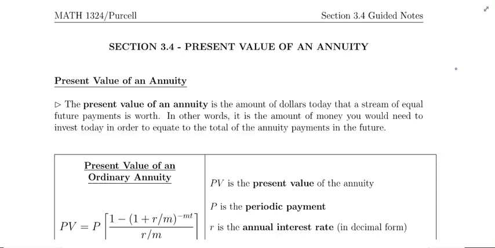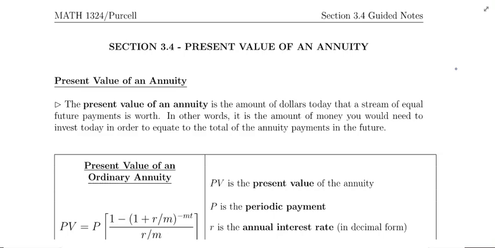In other words, it is the amount of money you would need to invest today in order to equate to the total of the annuity payments in the future. If you read through that, you may be totally confused. That is a very confusing statement, so I am going to try to translate this for you. I want to make this clear.